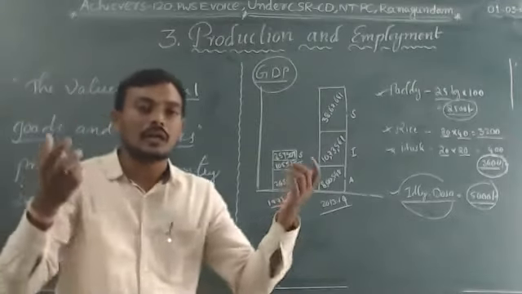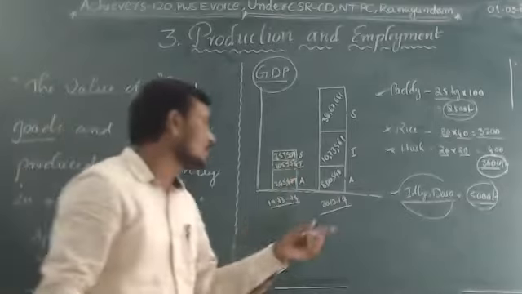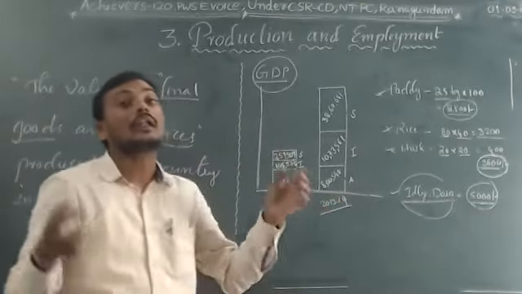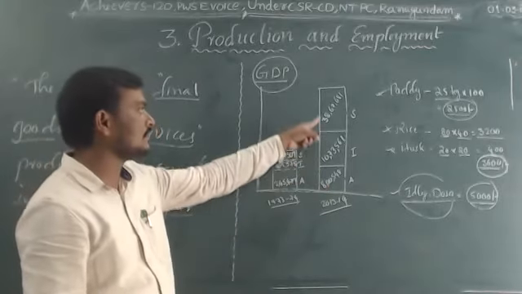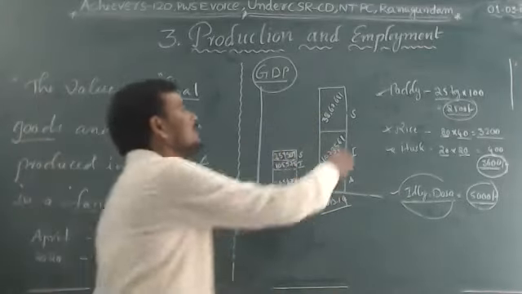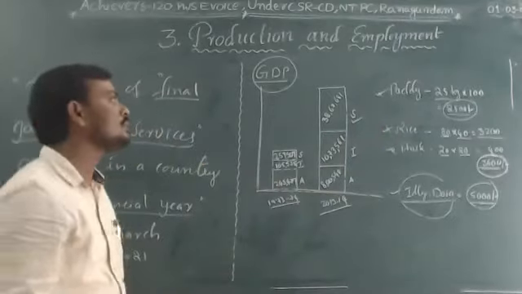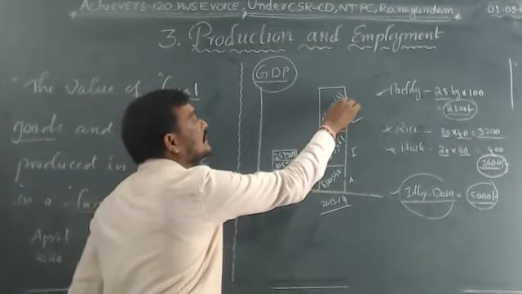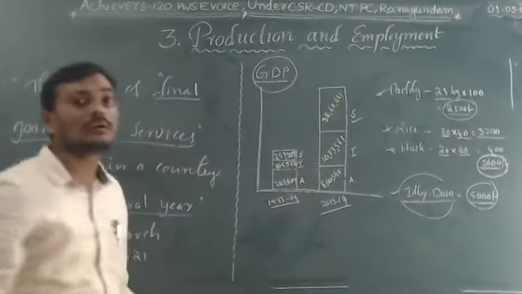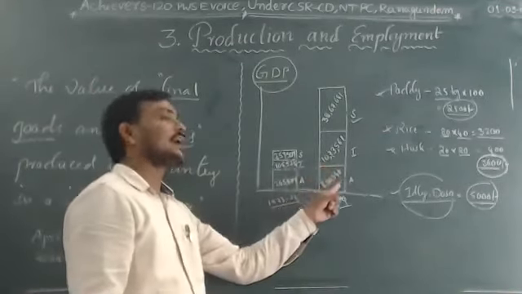Which is the largest producing sector in 2013-14? Agriculture, industry sector, service sector. The answer is the service sector, because the service sector produced 38,67,681 lakh crore.